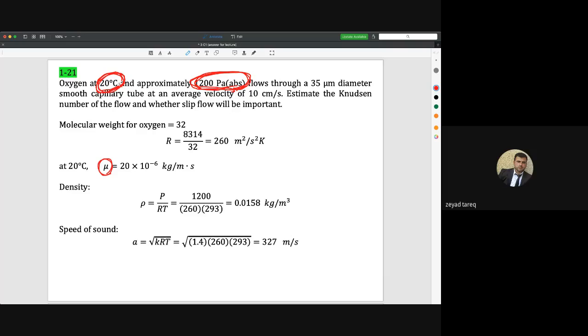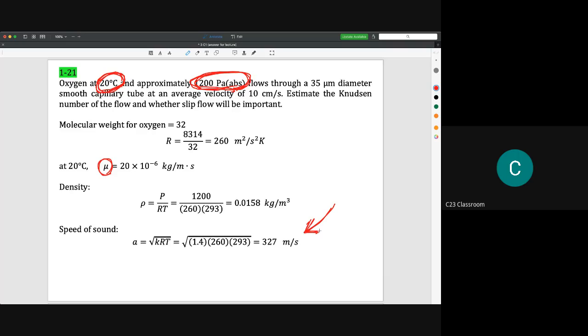But I want to talk about the speed of sound here. To hint you, in undergraduate level I think we just use a constant value of the speed of sound.